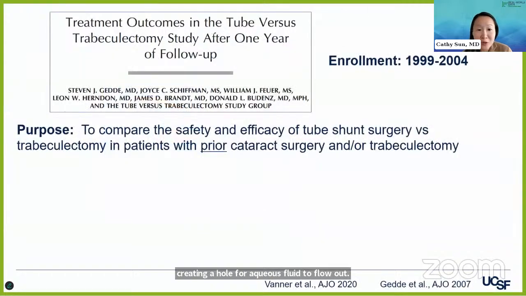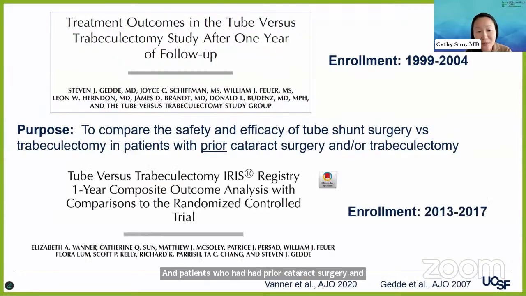So in the initial tube versus trabeculectomy study, which was conducted by Dr. Steve Gedde from 1999 to 2004, it was looking at the safety and efficacy of tube shunt surgery versus trabeculectomy in patients who had had prior cataract surgery and or trabeculectomy.